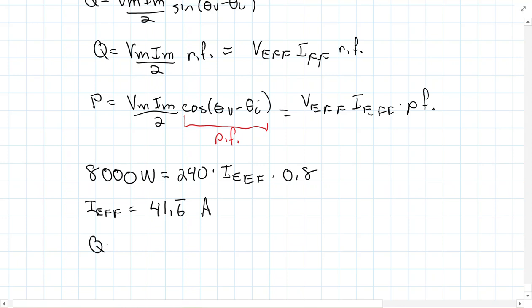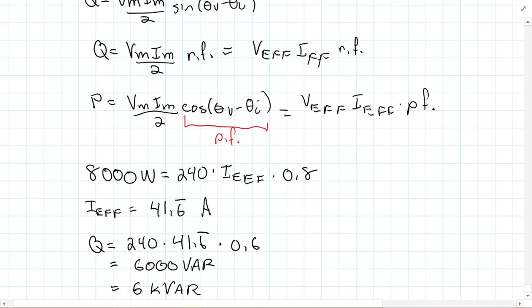And then Q is simply 240 times 41.6 repeating times my reactive factor, which is 0.6. So multiply that by 240 and multiply it by 0.6, and we get 6,000 var, or we could write this as 6 kilovar.